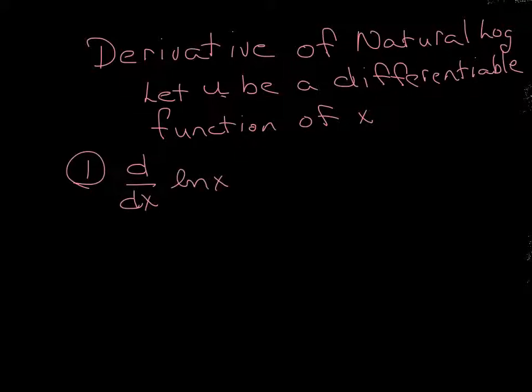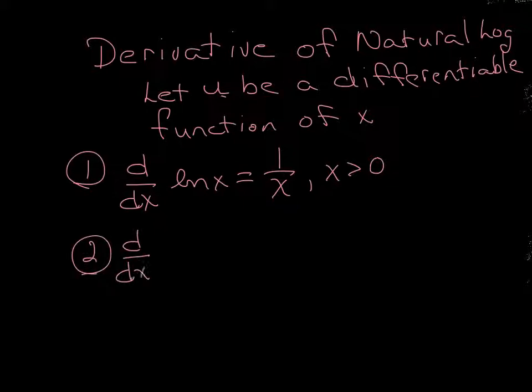We should already figure out what this is from the definition of the natural log. That's simply 1 over x, where x is greater than 0. But if we have the derivative with respect to x of the natural log of u, this is going to be u prime over u, and again, u has to be positive.